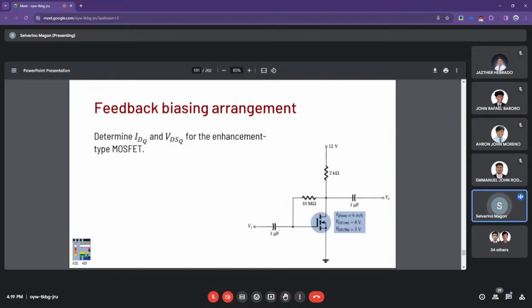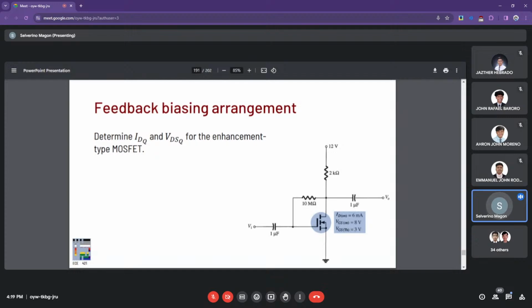Right, so let's try to work on some examples. For example, in this case we have the drain current in the on condition at 6 milliamps, with VGS at 8 volts. So we have different parameters to look into when we check the data sheets. Instead of the pinch-off or saturation conditions, we look into the conditions where the device is turned on, right? So when the proper amount of channel is being created by the potential at the gate, or once we reach the threshold voltage.